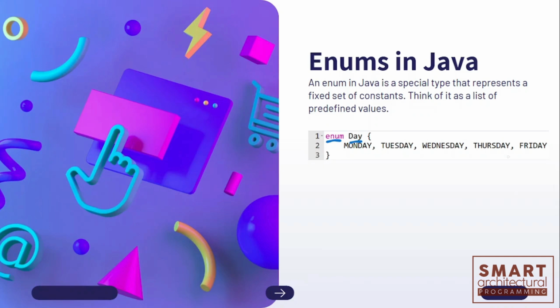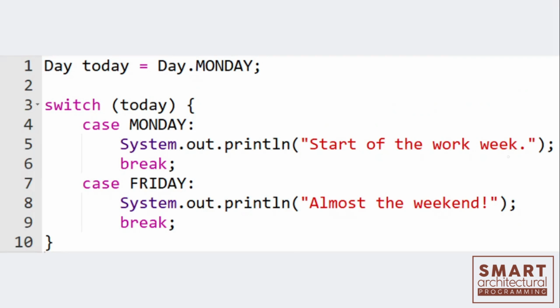We use it when a variable should only hold one of the predefined values, like days of the week, traffic light states, or directions. So when we have one type of data with different possible values, we use enums to define them, basically. If you look at the screen here, we have a line here, Day day equals Day.MONDAY, right? What does this mean?